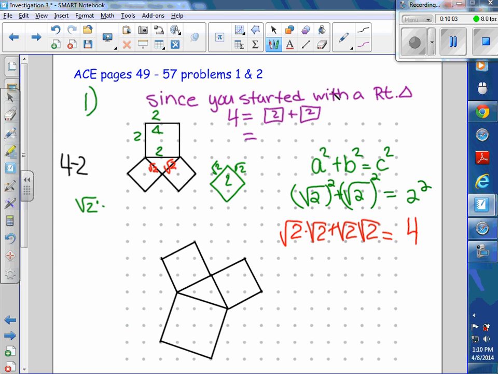And when you multiply a square root by itself, it undoes it, right? So you just get what's inside. 2 plus 2 is equal to 4. Is that true? And that only works for right triangles.